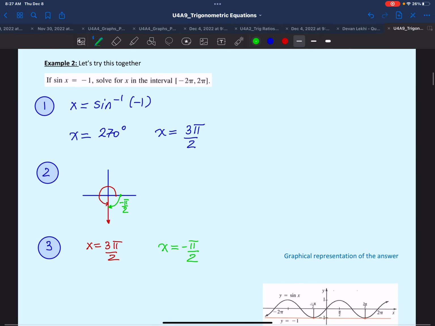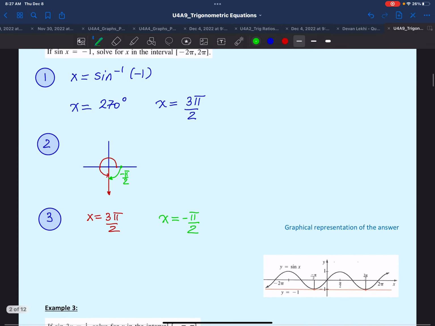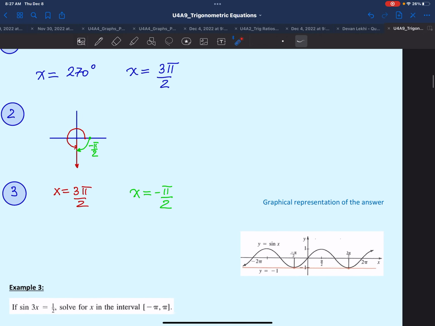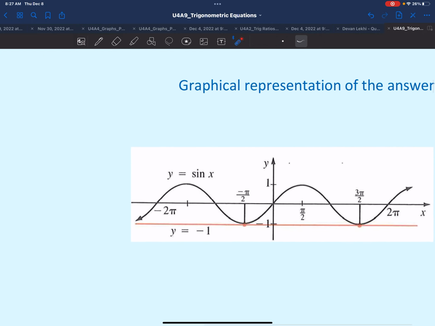So let's take a look at a graphical representation of this equation. We have sine of x equals negative 1. Here is the curve of sine of x. And I will highlight only the domain between negative 2 pi and positive 2 pi.